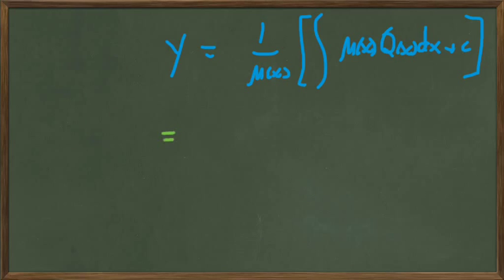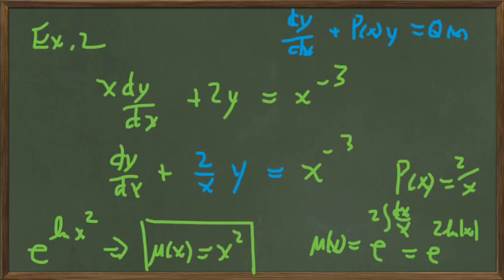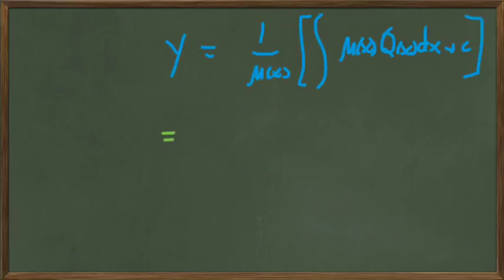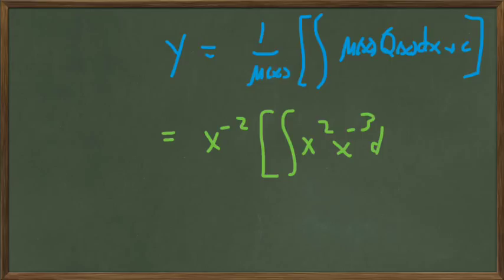So filling everything in, mu of x, remember, was x squared, and so 1 over mu of x is x to the minus 2 bracket integral x squared. The q of x was x to the minus 3 dx plus c. This becomes then what? X to the minus 2. Everything under here becomes what? Dx over x.